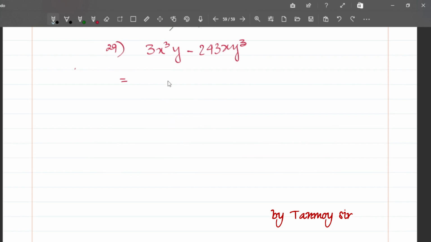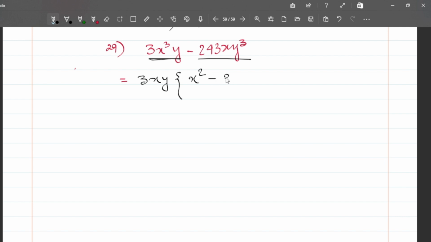Let's start sum number 29. Again we can take common 3xy from the first and second term. So what we got is x square minus 81y square.